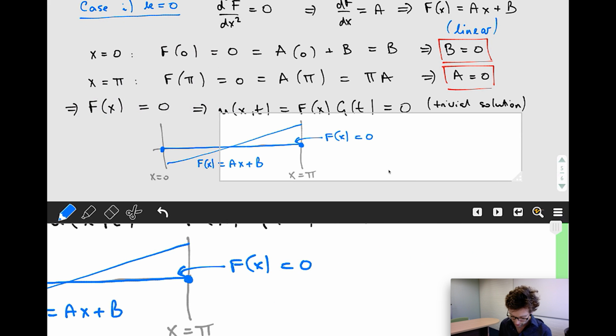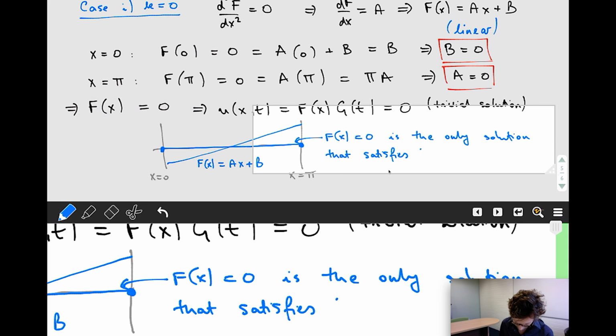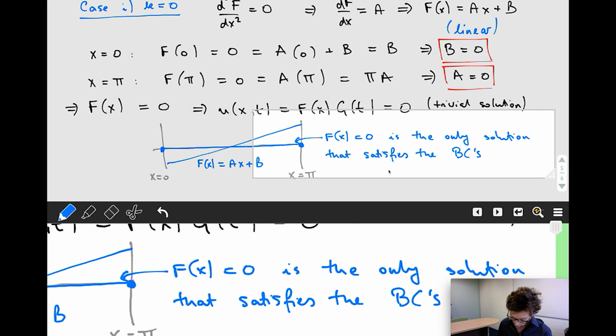So f of x is equal to 0 is the only solution that satisfies the boundary conditions, we'll call them BCs for short, when k is equal to 0.